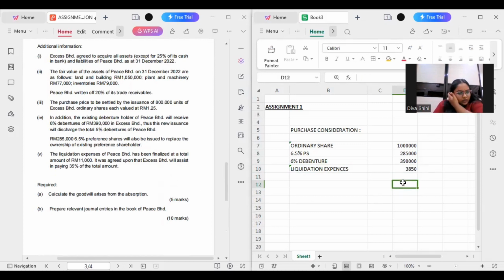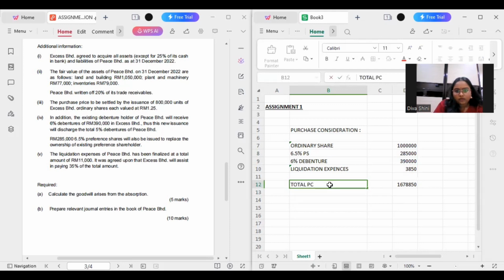So that's all for the purchase consideration. We need to add everything, and then this is the total purchase consideration. Then we need to do the net asset value.